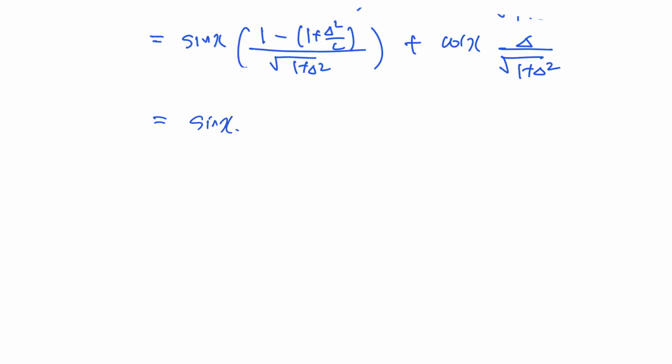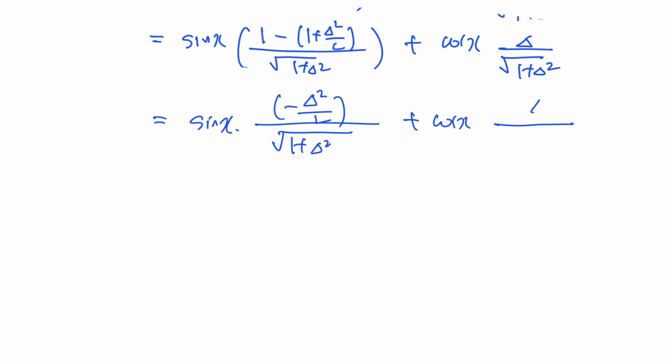Sine x times 1 plus delta square minus delta square over 2, plus cosine x delta square.